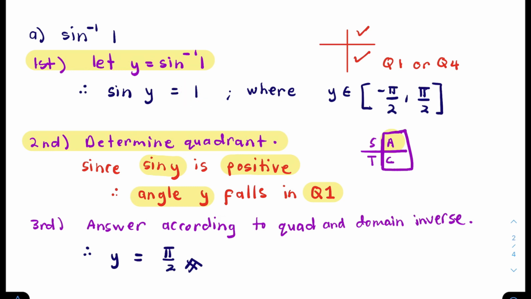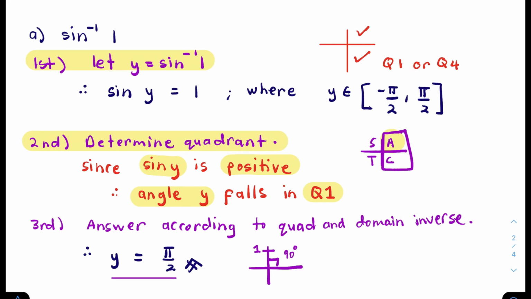It happens when the angle is only 90 degrees. If you want to convert into the exact value in radian form, your Y value is equivalent to pi over 2.